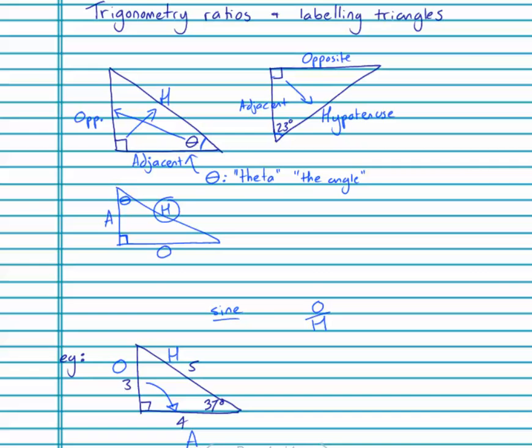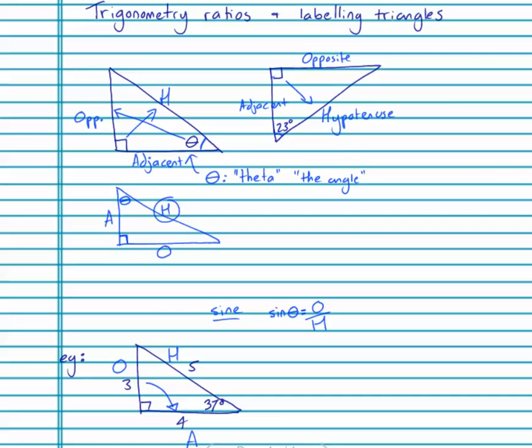Its name is the sine ratio, but we abbreviate it SIN, and we always put theta afterwards because we're saying sine of the angle.